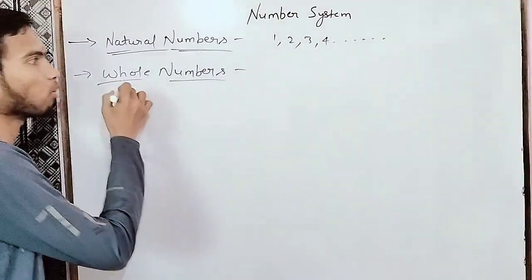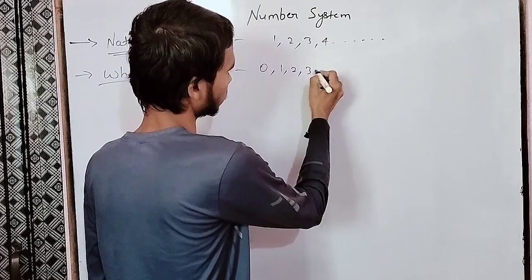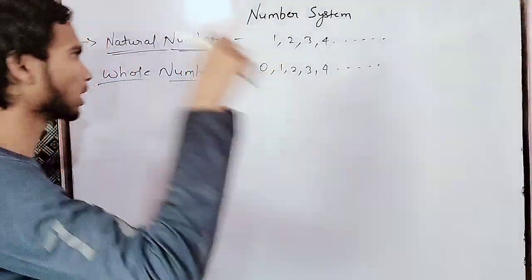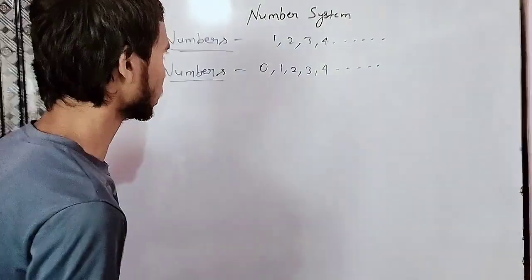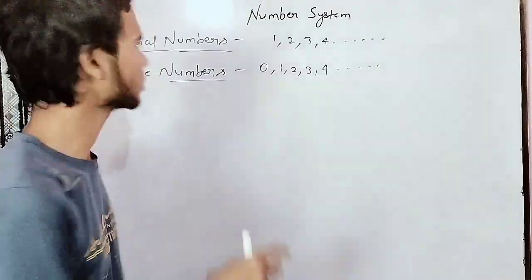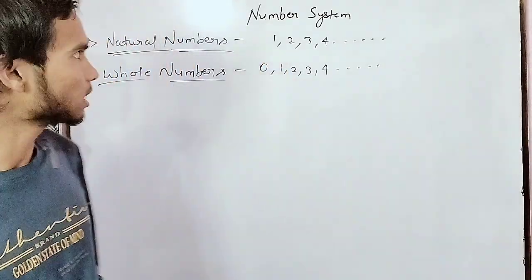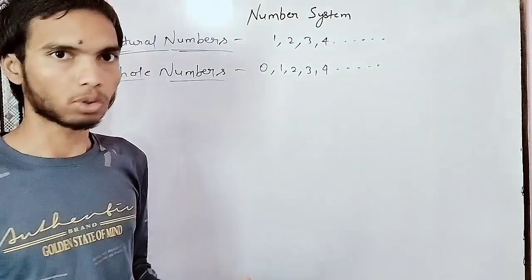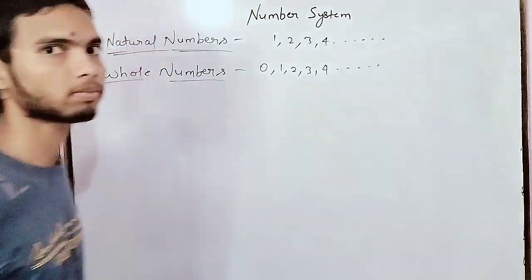In this case, the numbers will start from 0, and keep going on till infinity, even though we can't imagine it. So remember, what is the difference between them? Natural numbers start from 1, whereas whole numbers start from 0. This is a huge difference.